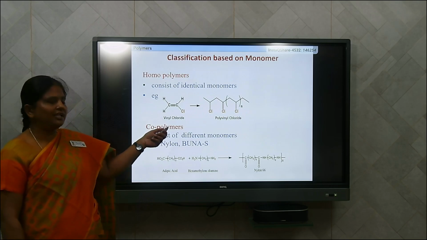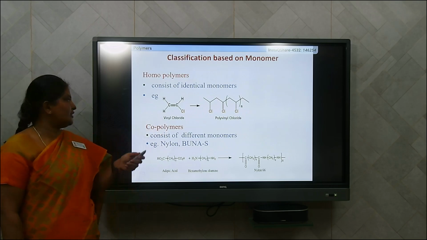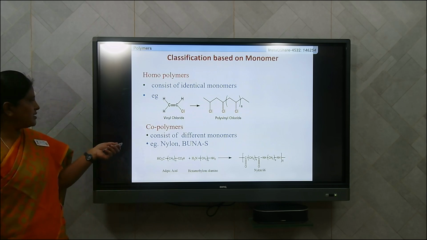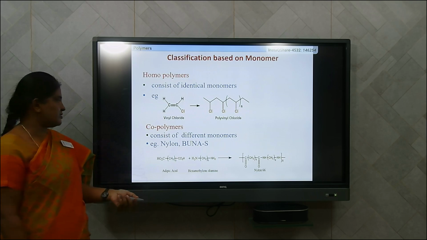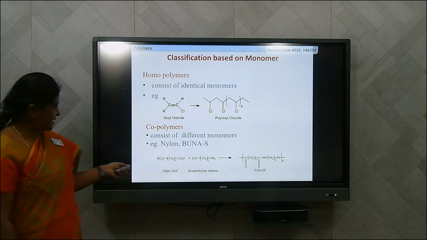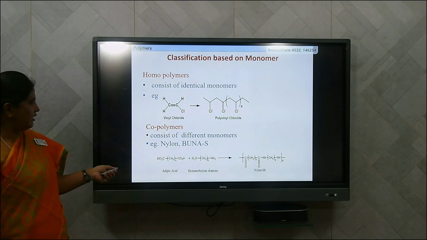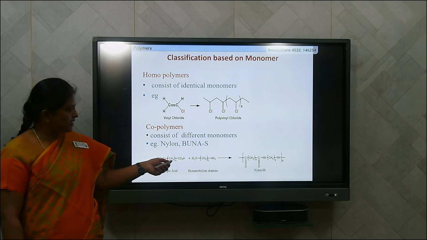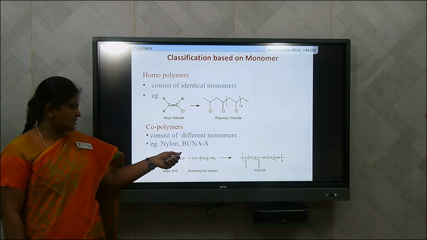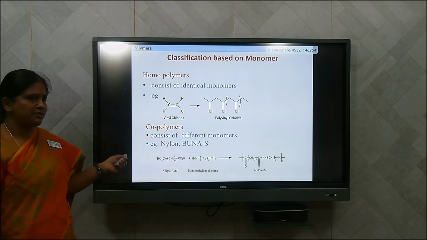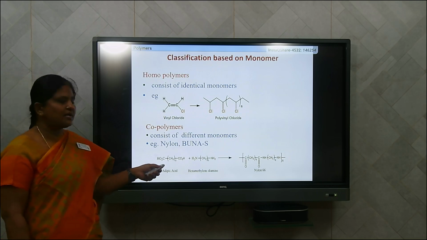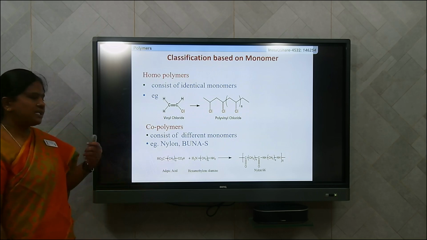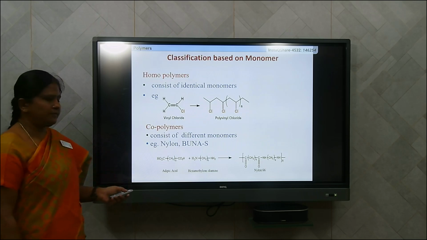In this polyvinyl chloride, the same repeating unit, vinyl chloride, is used. Whereas copolymers consist of different monomers. You can see the example here, nylon. Adipic acid and hexamethylene diamine undergo polymerization and produce nylon 6,6. Adipic acid is one monomer, another monomer is hexamethylene diamine. So, copolymers consist of different monomers.